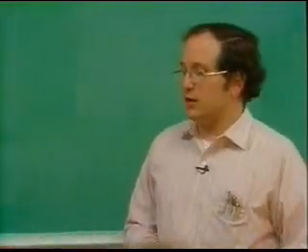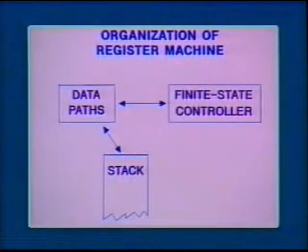And of course, one of the things we might want to do, just look at this thing over here, is the organization we've had so far. The organization that we've had so far involves having a part of the machine, which is the controller, which sits right over here, which is perfectly finite and very simple. We have some data paths which consist of registers and operators.